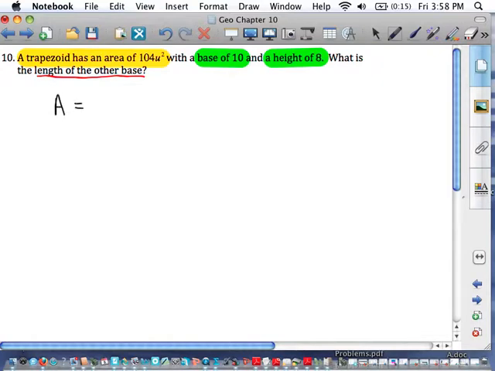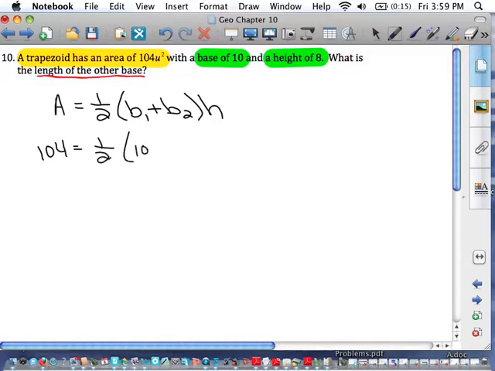Area is equal to 1/2 base 1 plus base 2 times the height. Start to make those substitutions. The area is 104. One of the bases is 10. You're looking for the second base, and the height is 8.